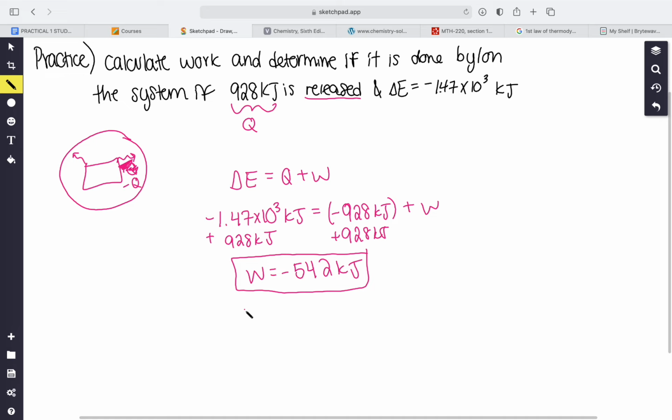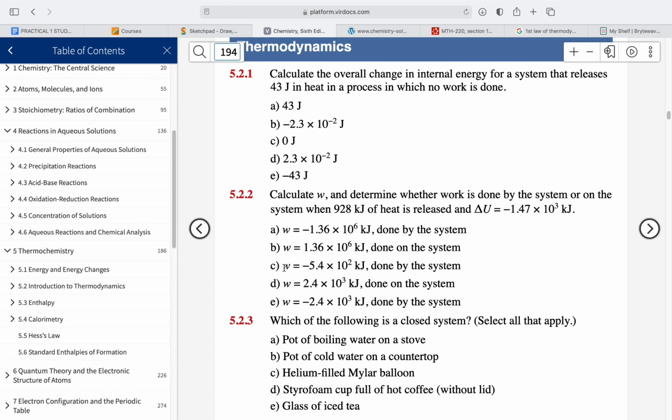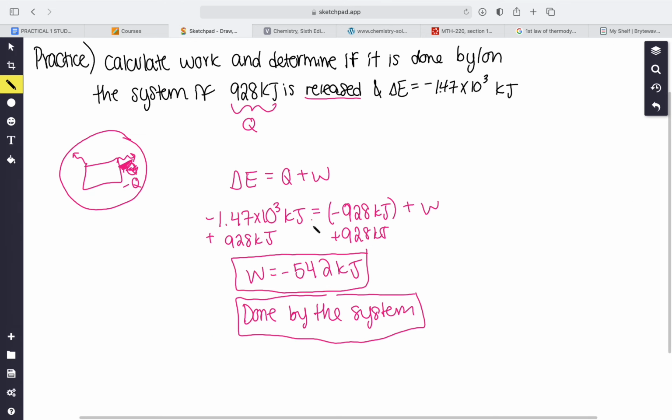So work is done by the system. So that would be our answer there, and then we'll check here, see if that matches up. Work done by the system, and that's what we said. So that would be your answer there.